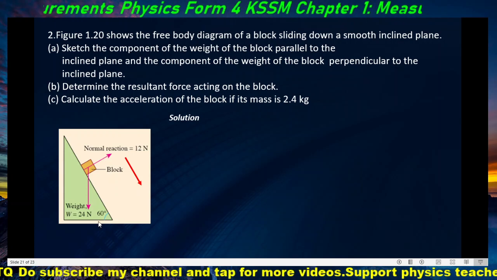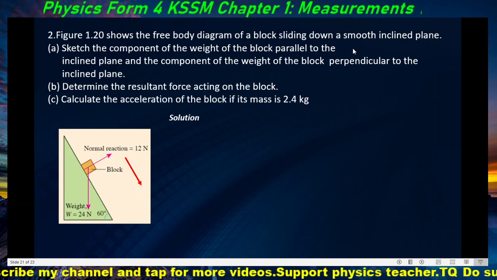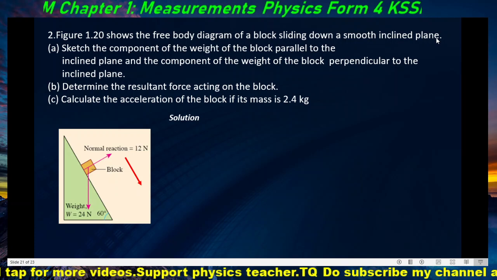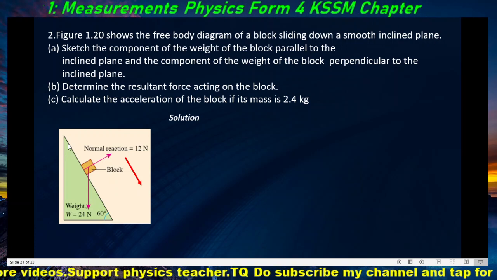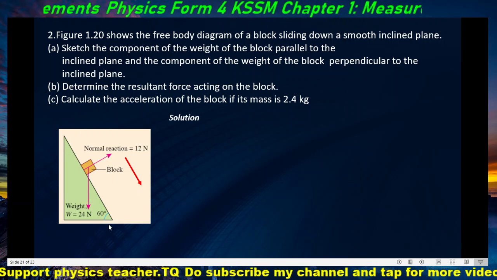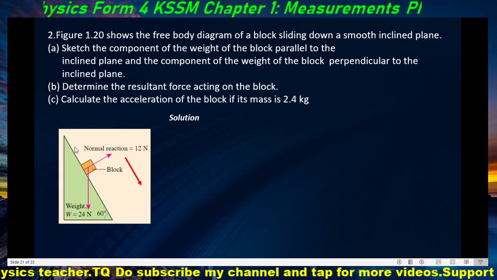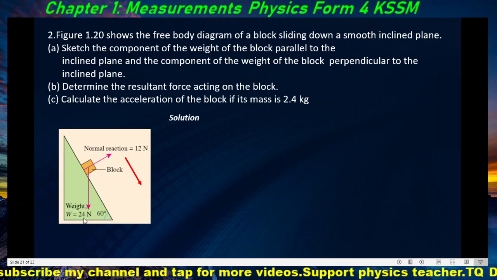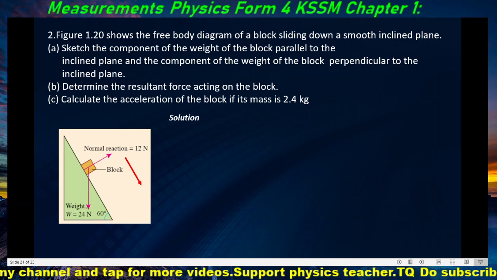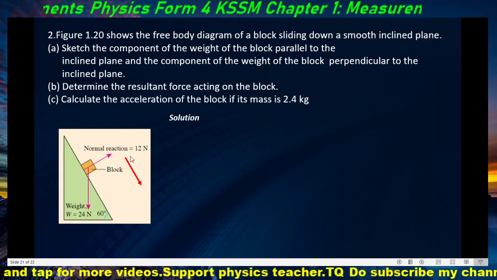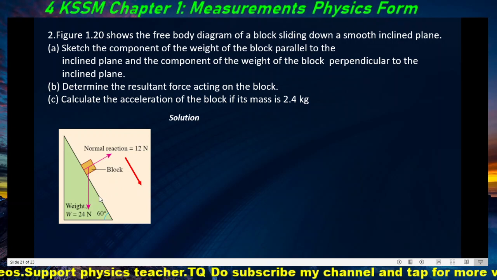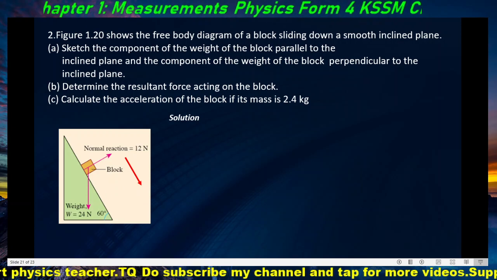Look at this diagram. The idea of stating smooth inclined plane here is to state that there's no friction on this plane, or the block will slide down due to component of weight of the block itself. Let's say this is direction of the block sliding down, parallel to the inclined plane.